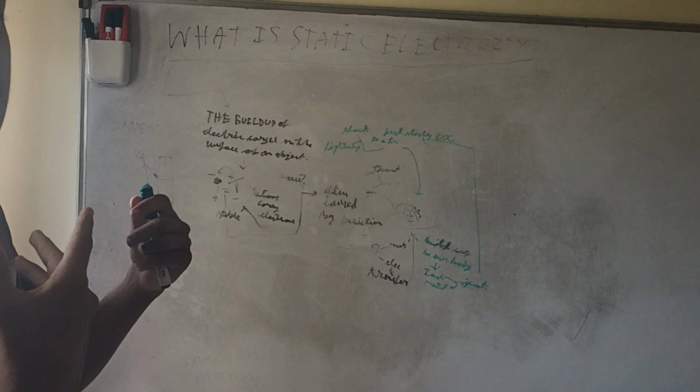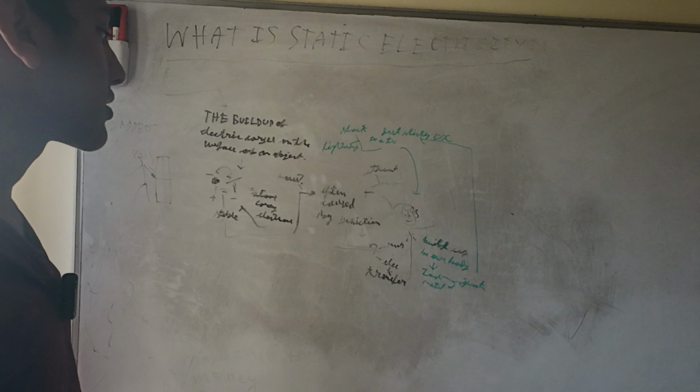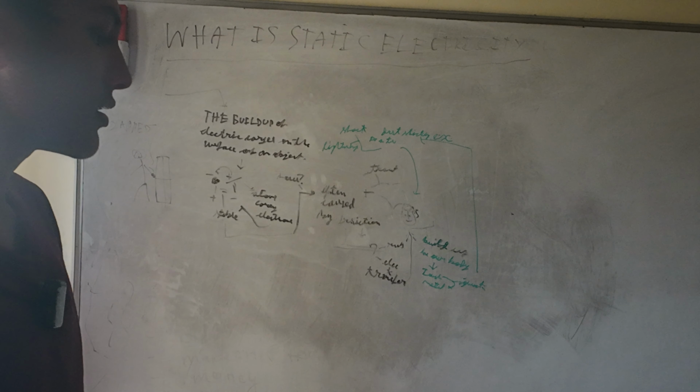Well, you see, it's often caused by friction. So what that basically means is, when two objects rub against each other, that's a good time for electrons to move from one object to another. Some examples of this can include dust sticking onto a TV.